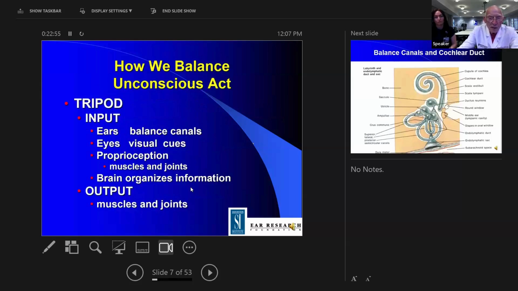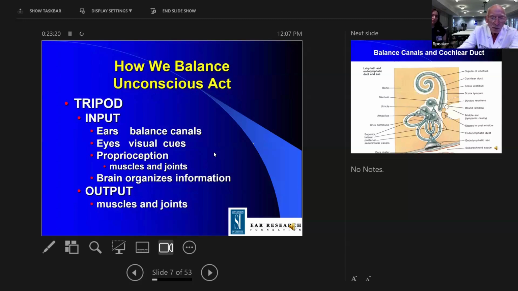So how do we balance? Well, balance is really an unconscious act, and you can think of yourself as a tripod. The input to the tripod is your ears, balance canals, your eyes, and the proprioception, which are your muscles and joints. The brain organizes this information.